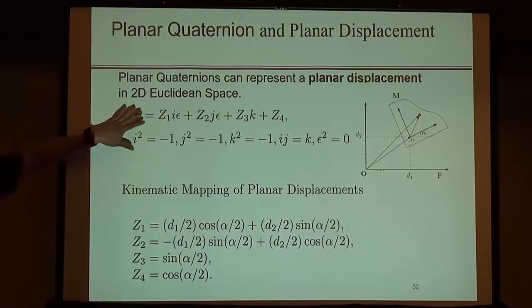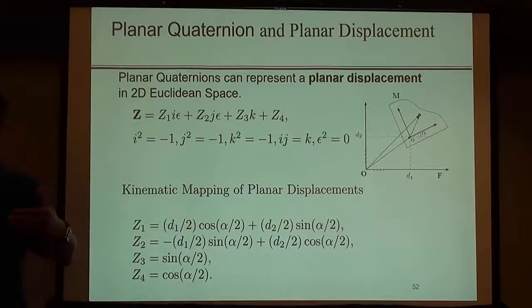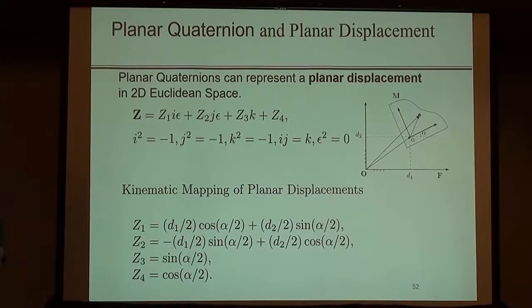Planar quaternions, okay? Now, we mentioned that in the plane, complex numbers can handle planar rotation very well. In fact, as an algebra, there's nothing better than that, right? The question is, what if we have a planar displacement that has a rotation and a translation?